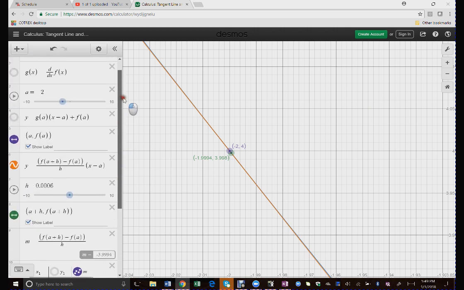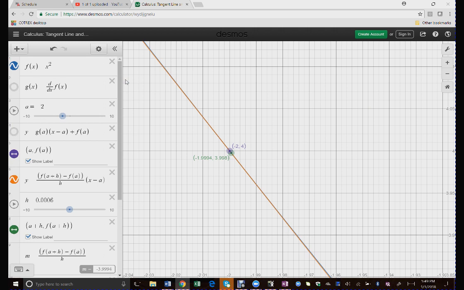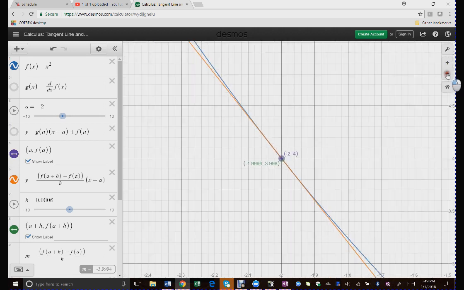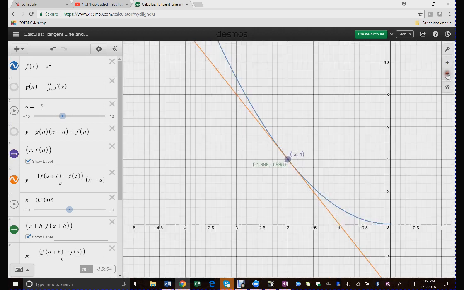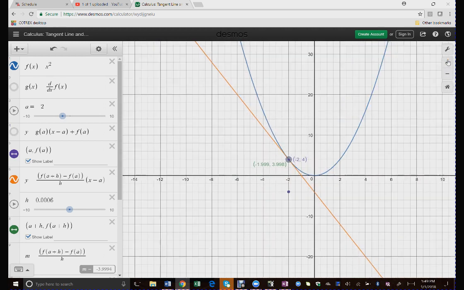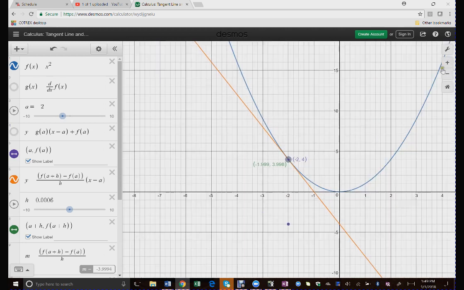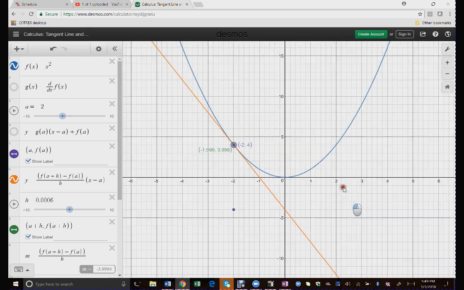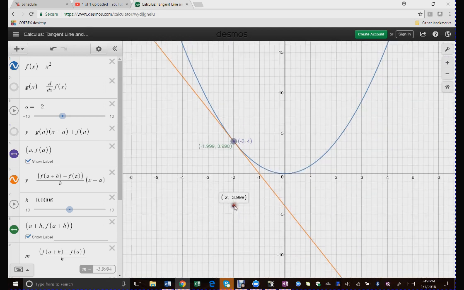Now, let me zoom out again. Now we can see the whole parabola. Well, maybe a little too far. So we can see the whole parabola again. We can see the slope of our secant line, which is almost exactly 4.